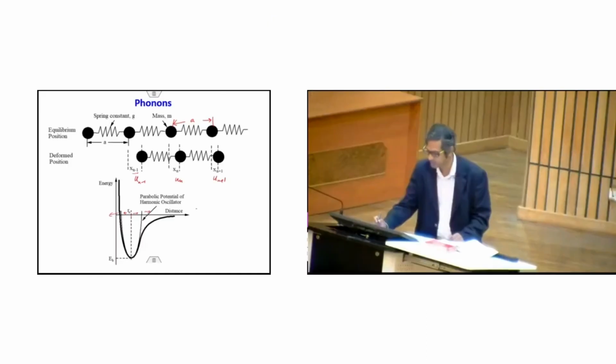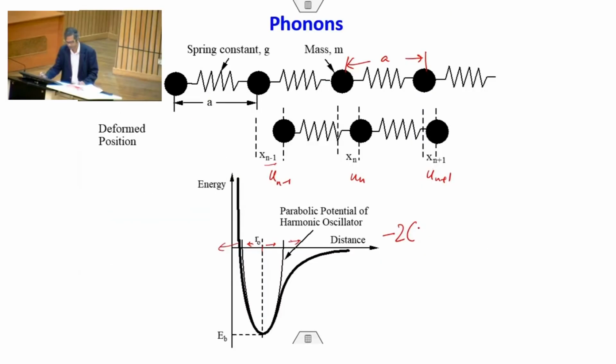you can write down this equation: 2c u n. Here c is the elastic constant. Why are you considering the elastic constant? Because of the springs. Whenever you are talking about the motion of a spring expanding or contracting, you always consider the spring constant, which is known as the elastic constant.